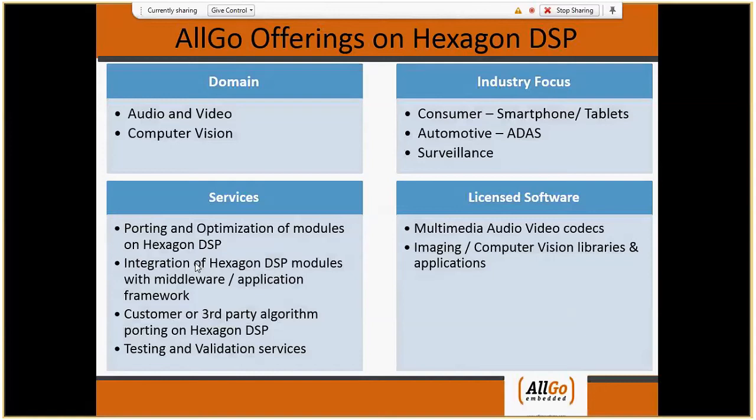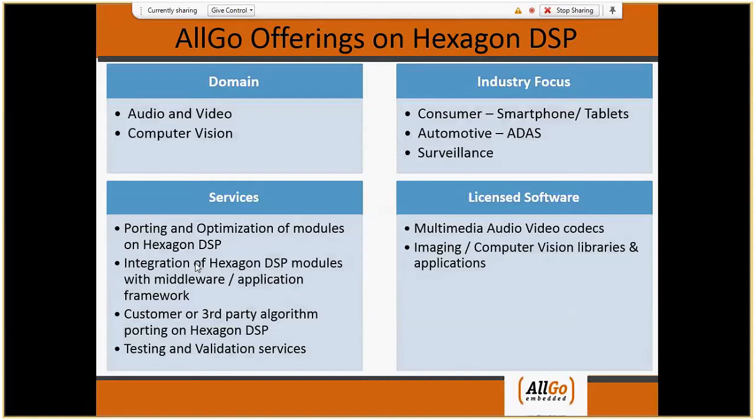So on services, what we provide is porting and optimization of modules. On Hexagon DSP, we also provide integration of Hexagon DSP modules onto middleware or application framework. It could be Android or any other host OS. We can provide services in helping customers integrate the Hexagon DSP into the OS.